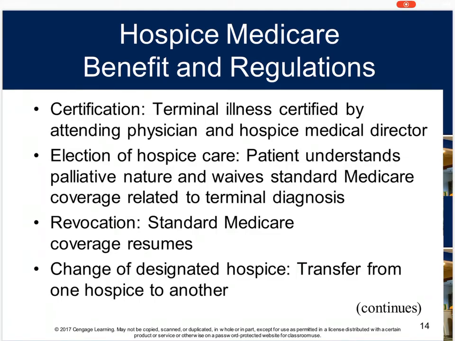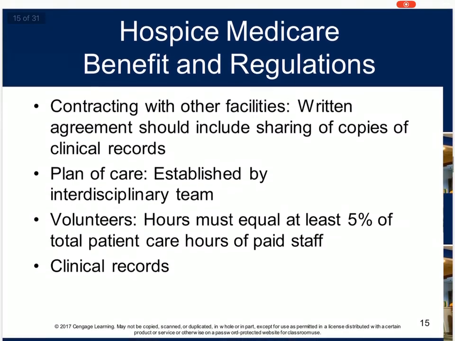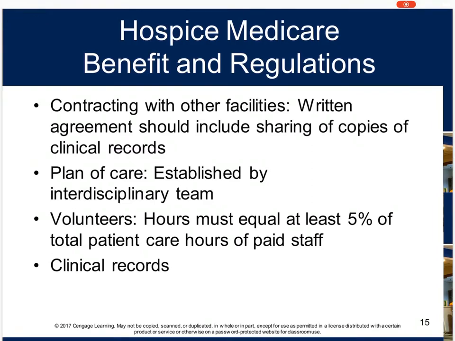Now, I want to go ahead and skip over to plan of care here, over on page 486. So a plan of care has to be established for all hospice patients by the interdisciplinary group in collaboration with your attending physician, your patient, and the primary caregiver.